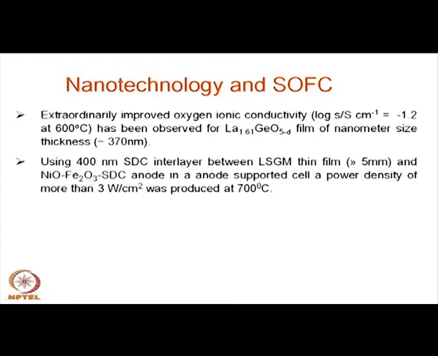Earlier we have seen that the maximum power density is around 1 or 1.2 watts per centimeter square, whereas in this kind of configuration with finer materials, one can get almost double the power density at a much lower temperature of 700 degree centigrade. So, this is one advantage.